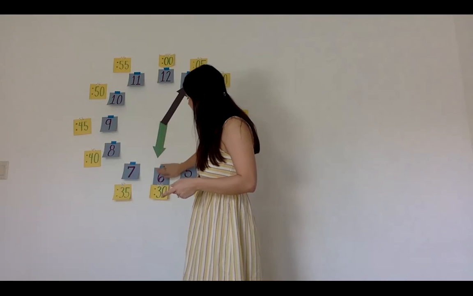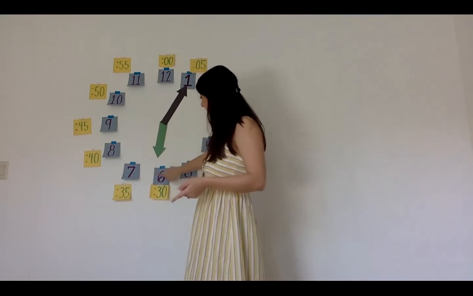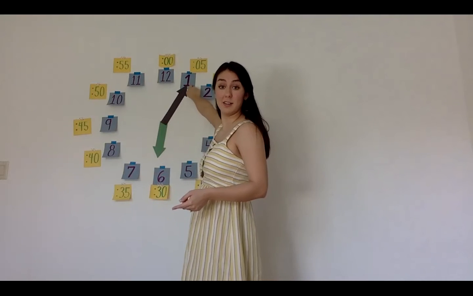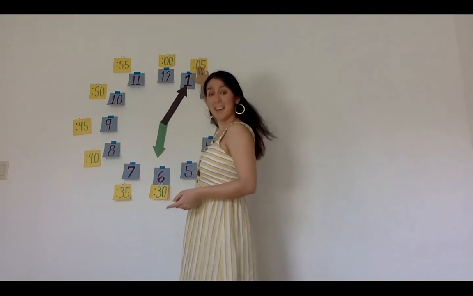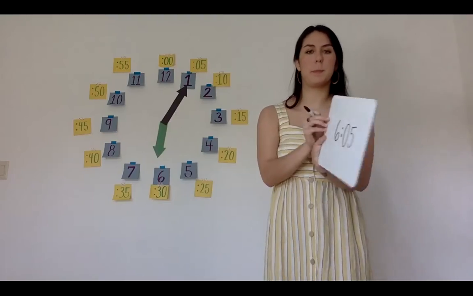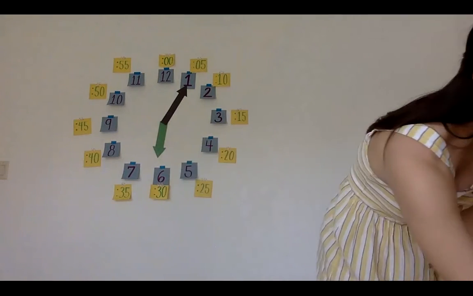My hour hand is the short one, and it's just past the 6. Hasn't touched the 7 yet, so it's still 6. And then my minute hand, the long one, is pointing at the 1, which is 5 minutes. So that means that it is 6:05. And I would write that just like this. First my hour, then my minutes. Okay, let's do one more together.